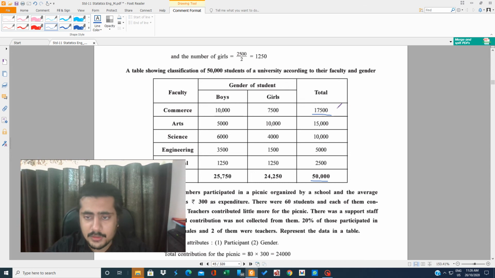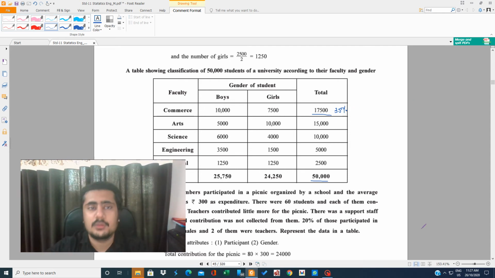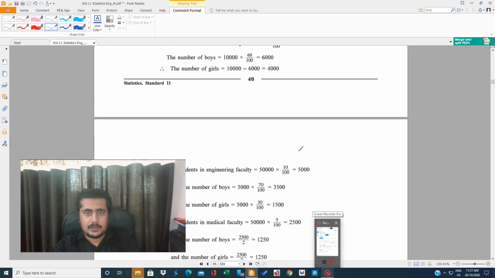So you can do 35% of 50,000. Just take your calculator, 50,000 into 35%. The answer is 17,500. So this is about the commerce. Now I'll read the question line by line and we'll frame the answer line by line, as per our module.